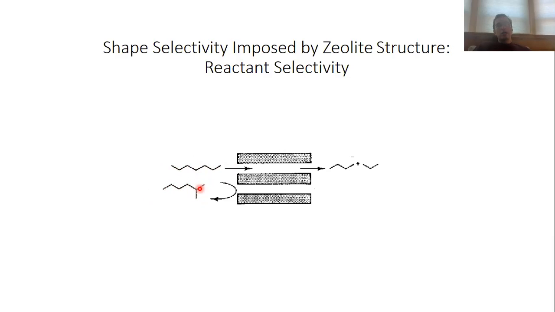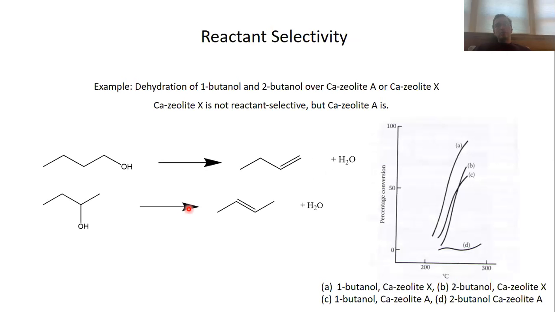The branched alkanes are more bulky than the linear alkanes, so the branched alkanes cannot enter, but the linear ones can, and the carbon-carbon bonds are cleaved on the catalytically active acid sites to form smaller hydrocarbon fragments. All right, so here are two concrete examples for reactant selectivity that are applied in practice.